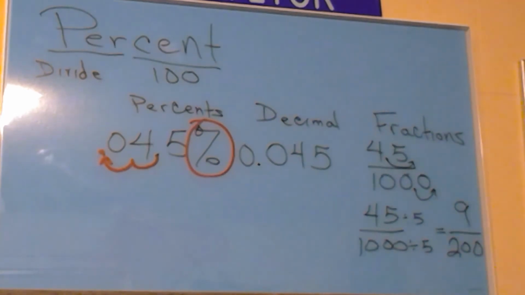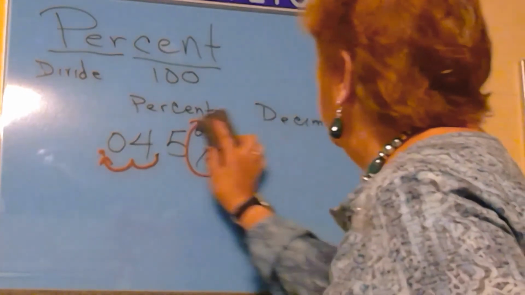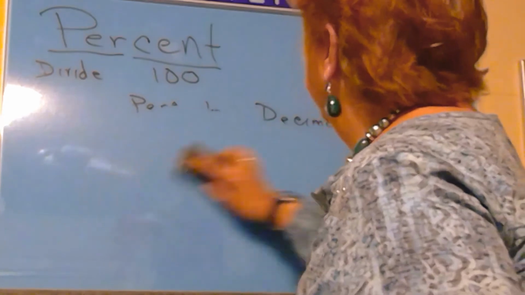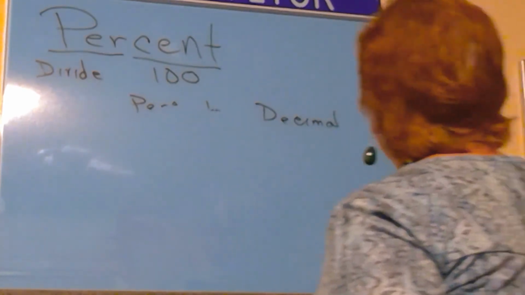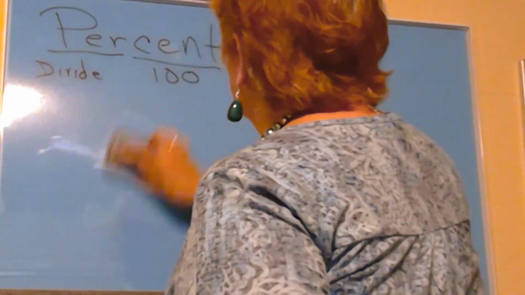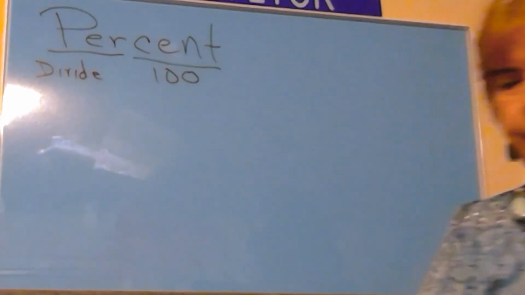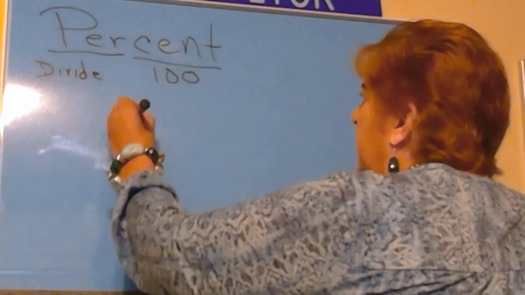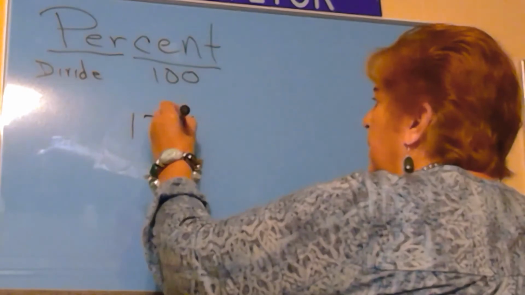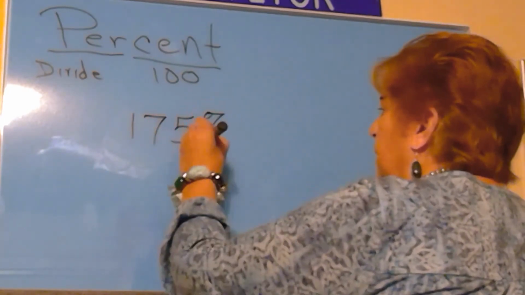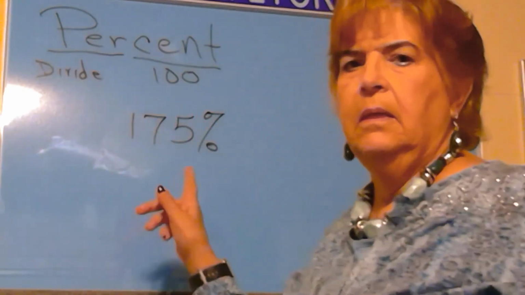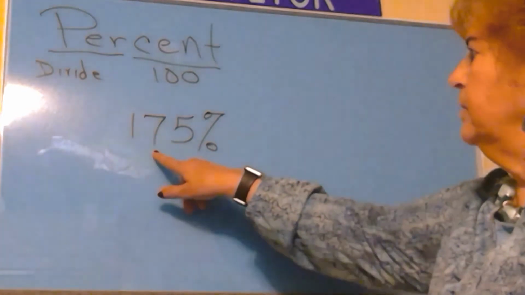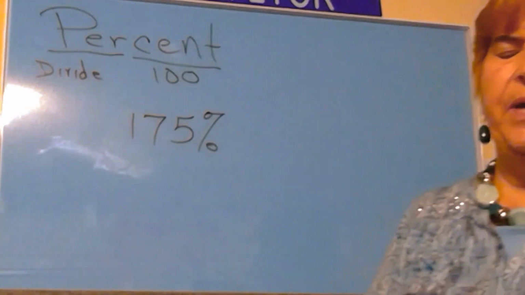Let's just try one more example to make sure that this is clear. Let's say you've got 175%.